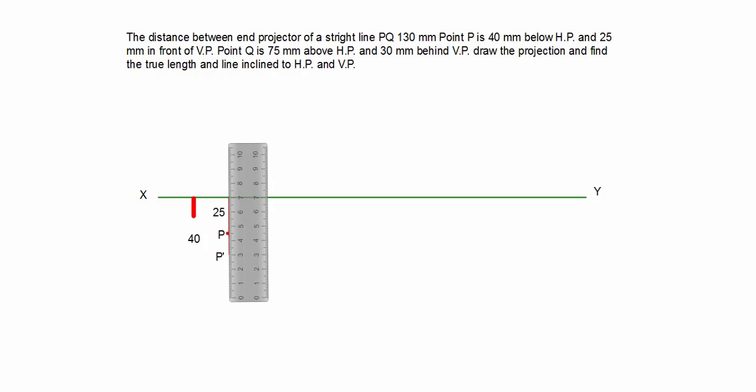So we know in fourth quadrant both the points, plan and elevation, are below XY line. So this 40 mm dimension line, and this is our dimension line for 25.